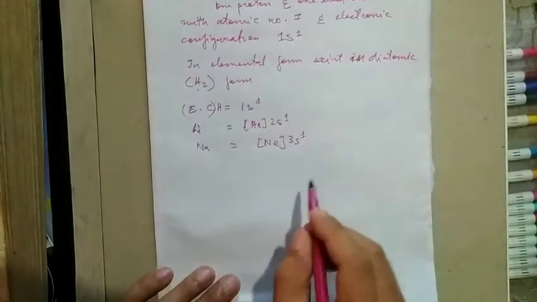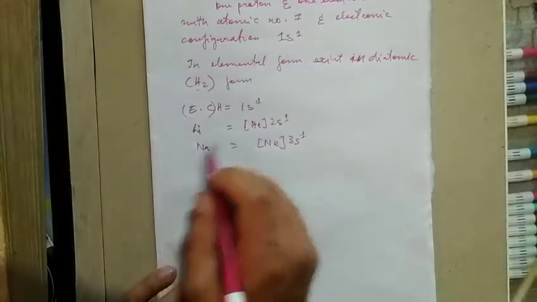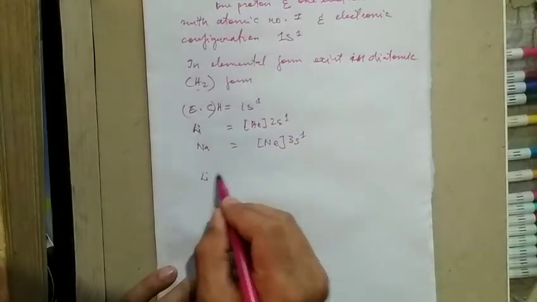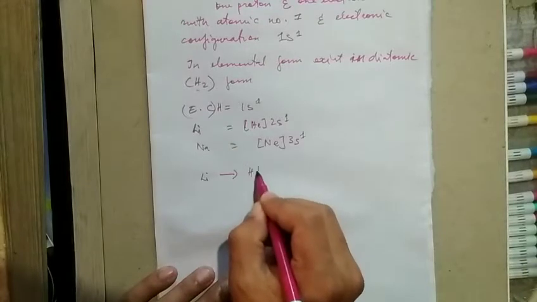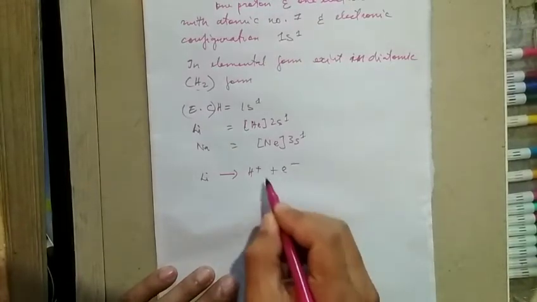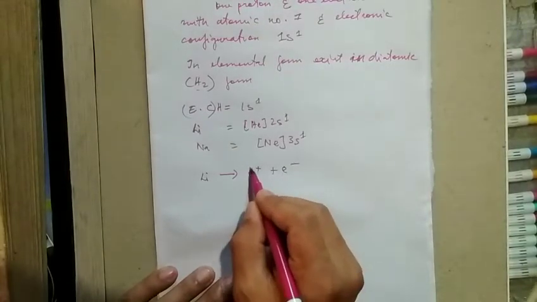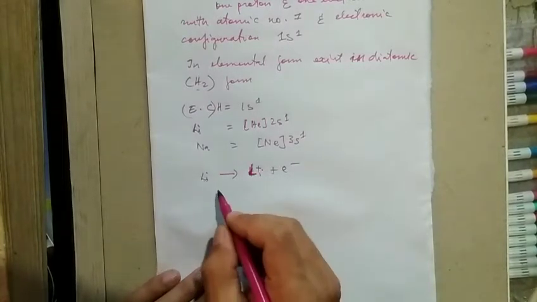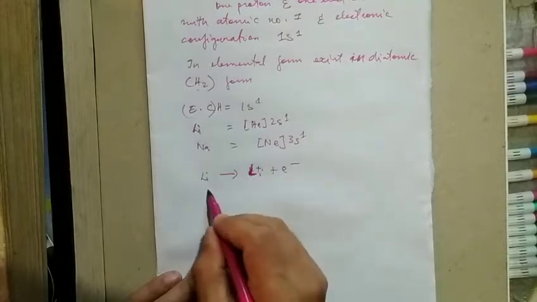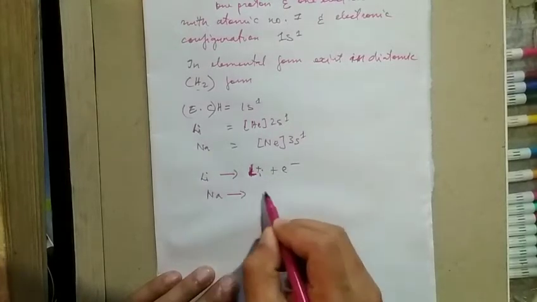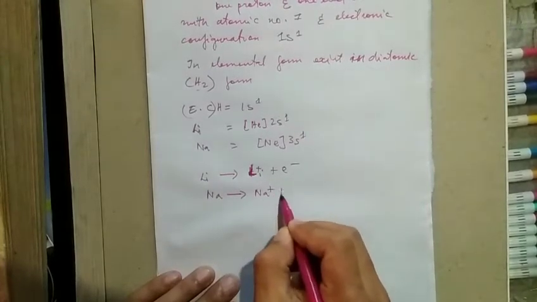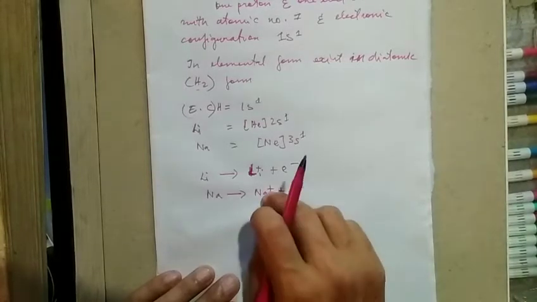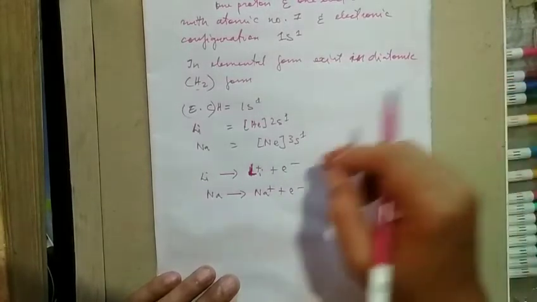So an alkali metal, suppose lithium, can lose one electron and become Li plus. In the same way, sodium can lose one electron and become Na plus. The plus charge is because one electron is removed.